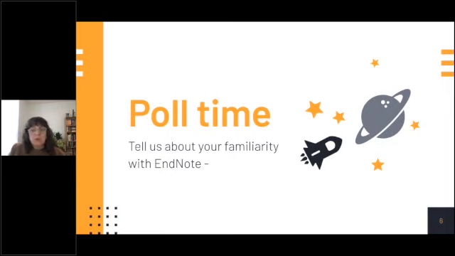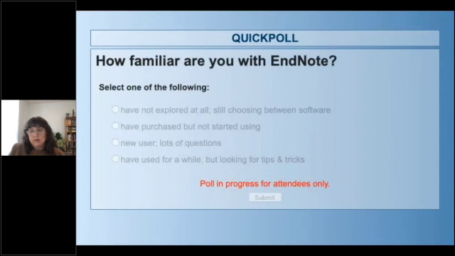It's just asking how familiar you are with EndNote, and there's no wrong answer at all. So give me some info if you have a minute. If you're washing dishes or walking your dog or whatever, that's also fine. I'll close the poll in maybe 10, 15 more seconds.